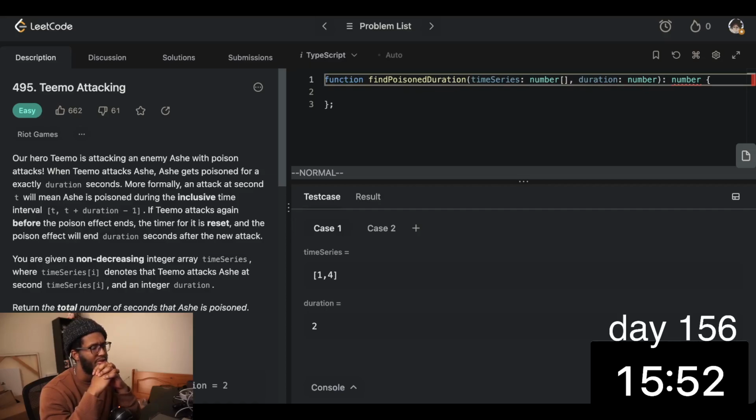If Teemo attacks again before the poison effect ends, the timer is reset and the poison effect will end duration seconds after the new attack.